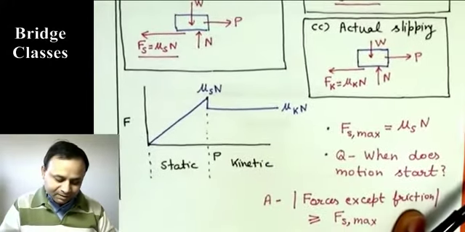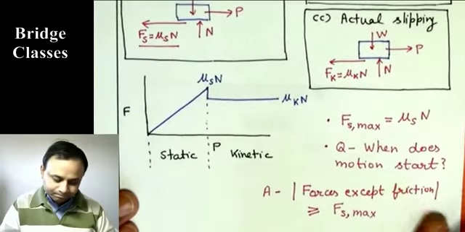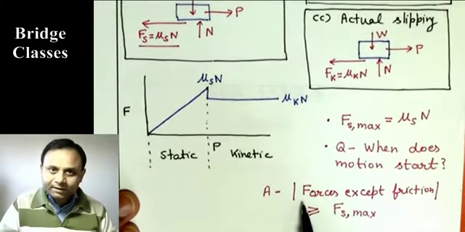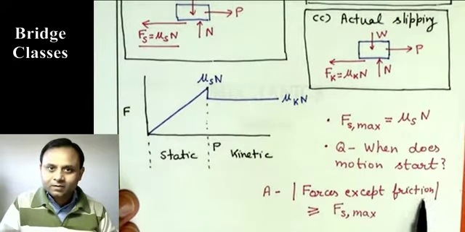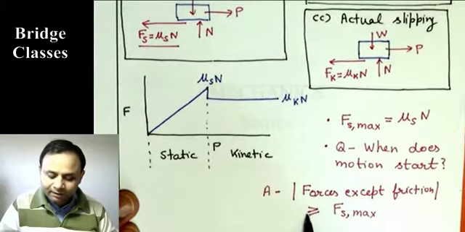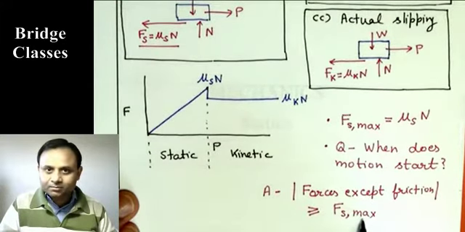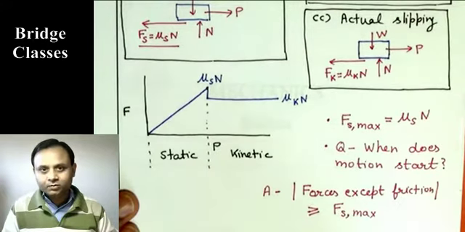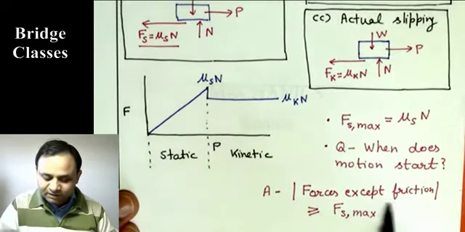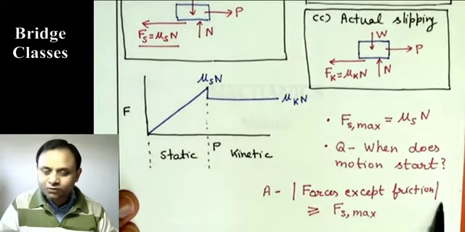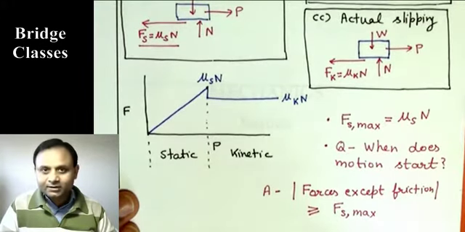The answer is simple, just common sense. You take into account all the forces except friction. If all the forces except friction are greater than the maximum static friction that is possible, then the body is going to move. Because these forces except friction are trying to move the body, and friction is trying to resist it.